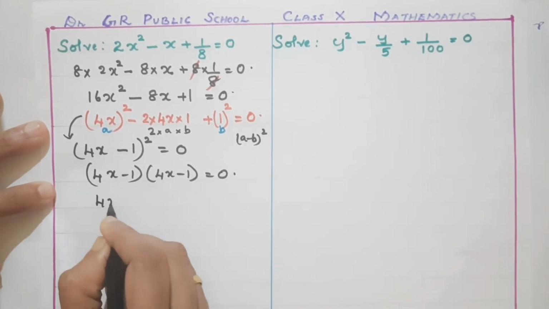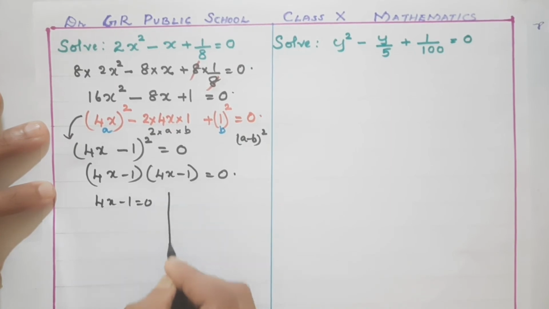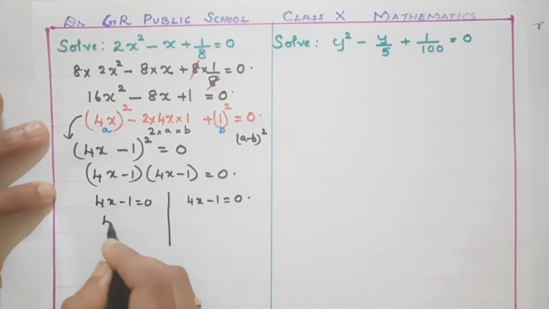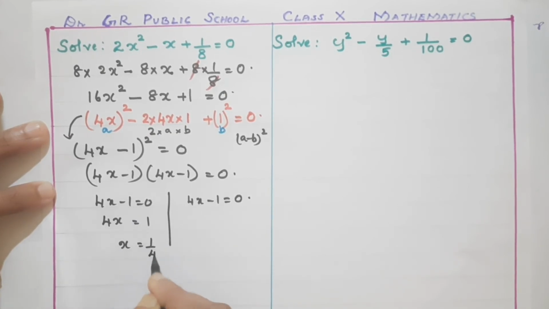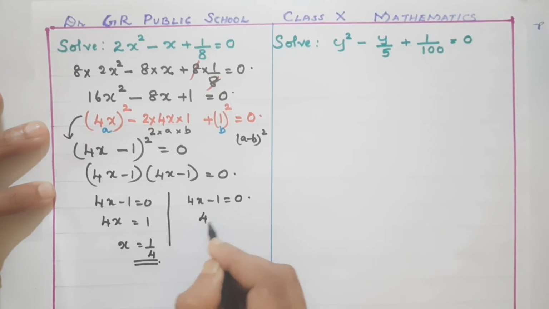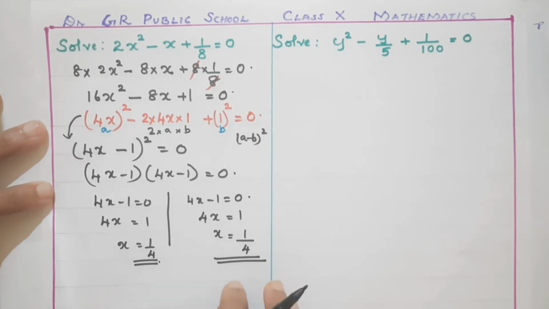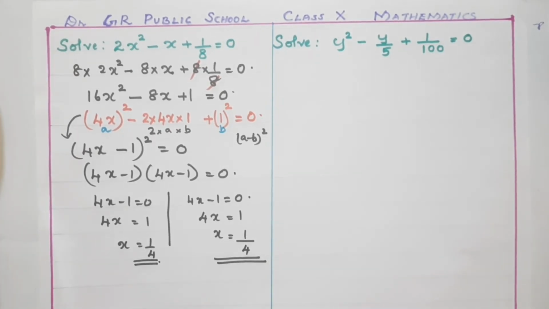So 4x minus 1 equal to 0. Another one, 4x minus 1 equal to 0. So 4x is equal to 1, x is equal to 1 by 4. Here also 4x is equal to 1, x is equal to 1 by 4. So the same value we got as solution.